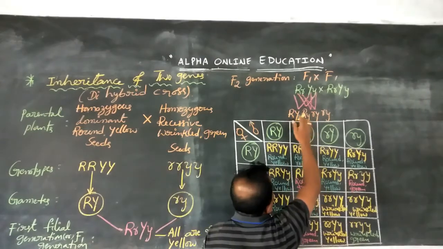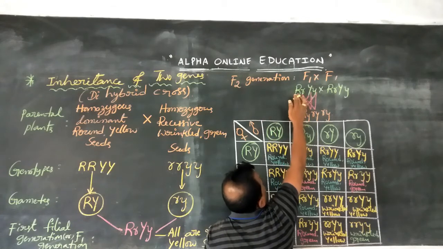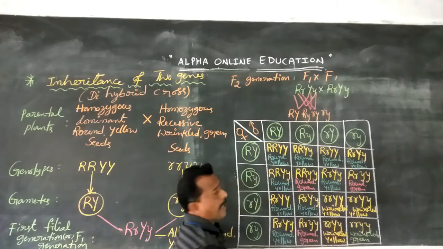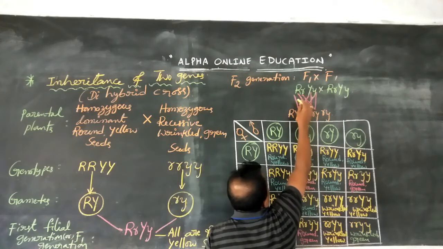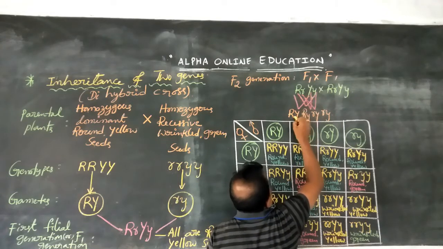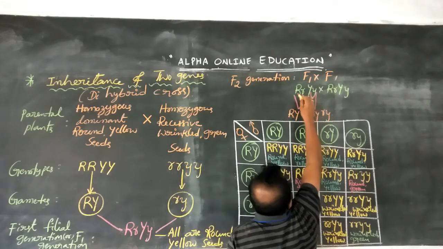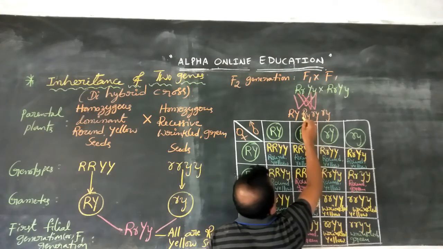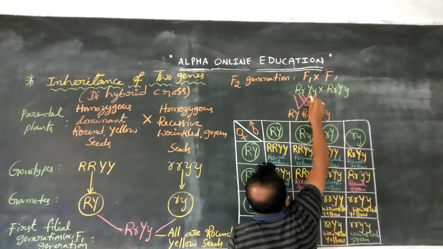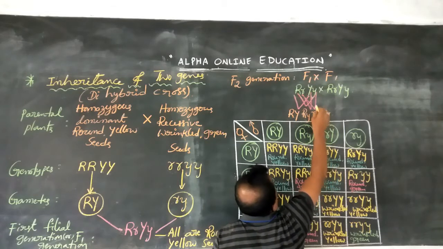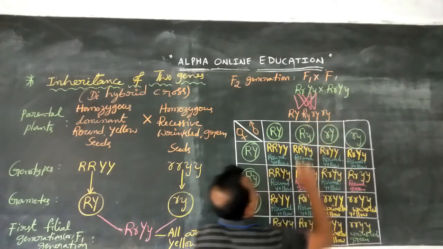First, let us observe the gametes of one F1 hybrid genotype. First, capital R combines with capital Y, giving capital R capital Y. Next, capital R with small y, giving capital R small y. Next, small r with capital Y, giving small r capital Y. Next, small r with small y, giving small r small y.